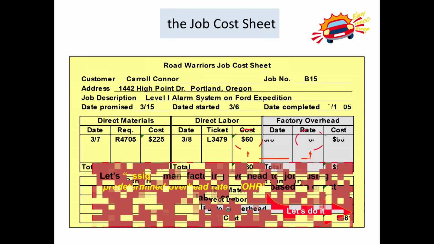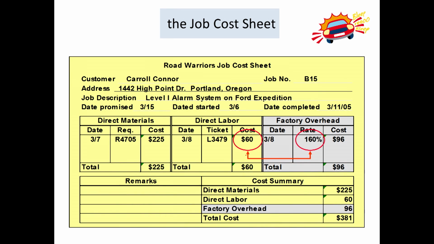So what we do is we figured out, and I'll show you how we figure this out in a minute, but we have a predetermined overhead rate of 160%. So as direct labor accumulates on our job cost sheet, we are going to take that times 160%, and that's how we're going to populate our overhead section. You with me?